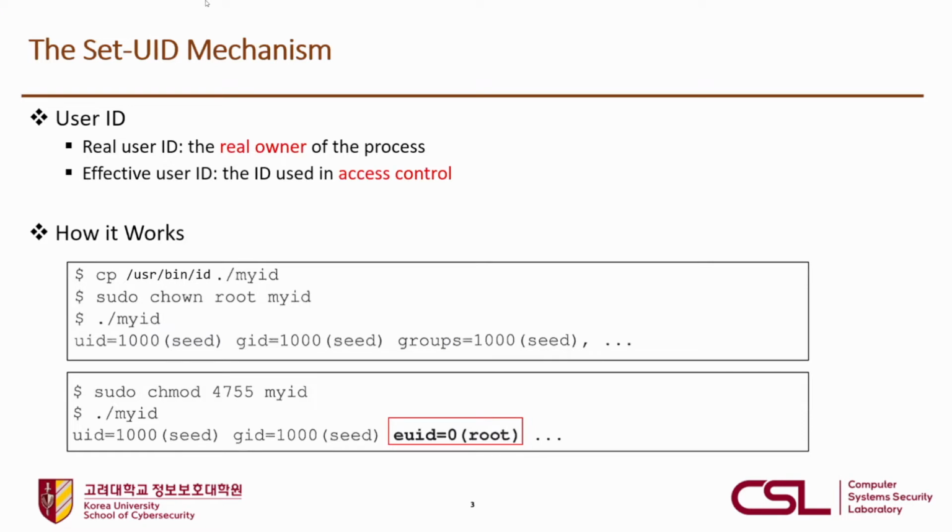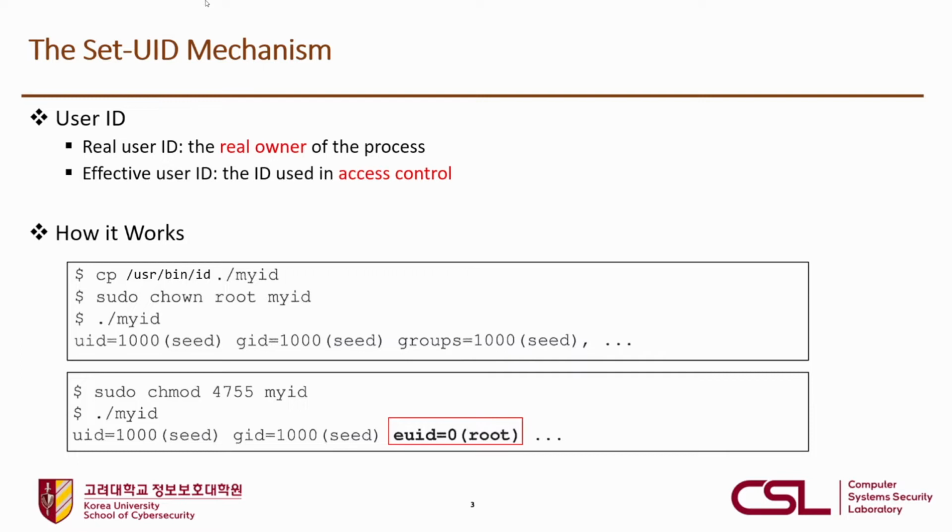For the mechanism of SetUID, let's compare the time when the SetUID bit is applied and when it is not applied. To know what the SetUID bit is, you need to understand the difference between the two UIDs. In Linux, there are two types of user ID.